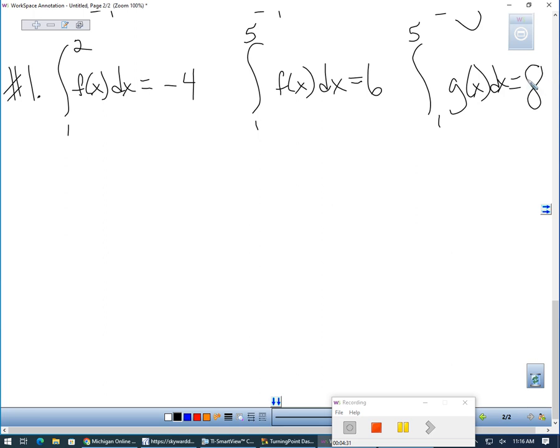So, in this one, we have 3 given intervals. 1 to 2 is negative 4, 1 to 5 is 6, and 5 to 1 is 8. So, for part A, it looks like this.